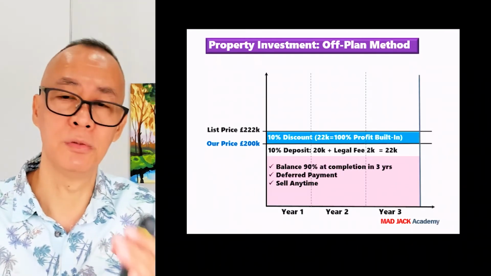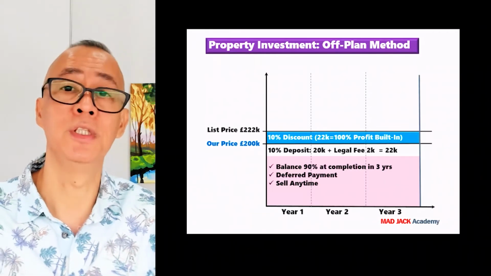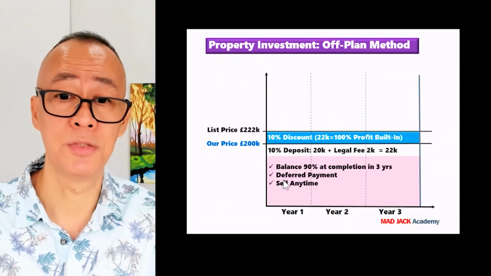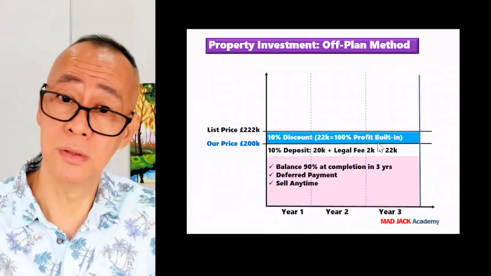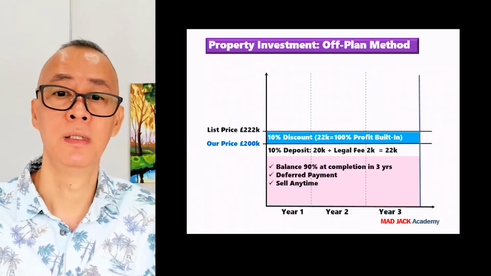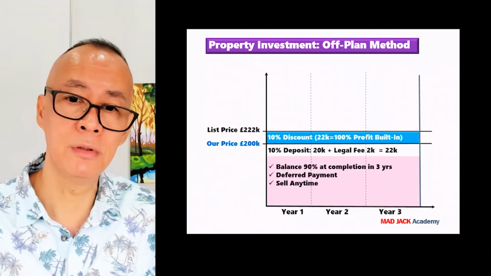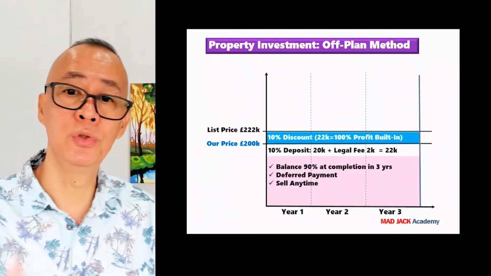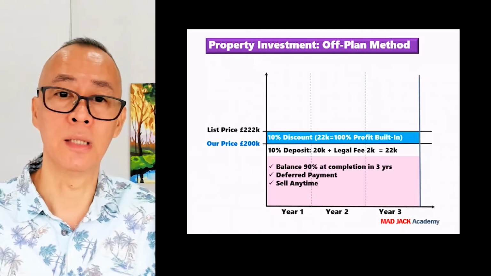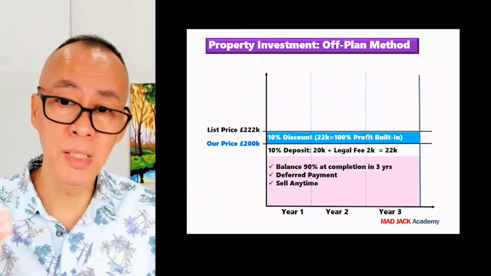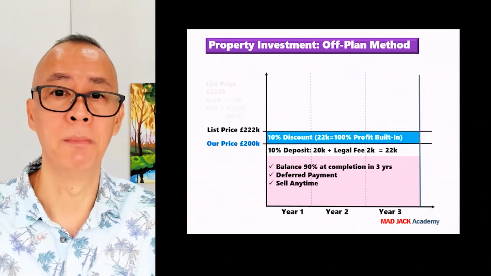In the UK especially, you can sell anytime. So there is a beautiful advantage for a property investor. That's why I say this is quite an advanced level, not for people who don't know the game well. And what we do in MADJACK Academy is we can up this level at a wholesale level, buying at the discount. There's a big benefit we bring to our members.